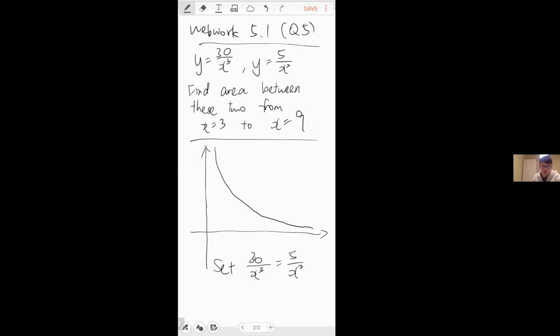Yep, you can multiply both sides by x cubed, or if you like, you can do the cross multiplication and get 5x cubed equals 30x squared. As I say, you can multiply both sides by x cubed, or you can do the cross multiplication.